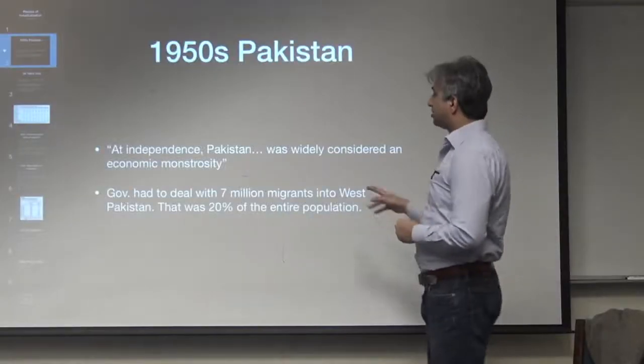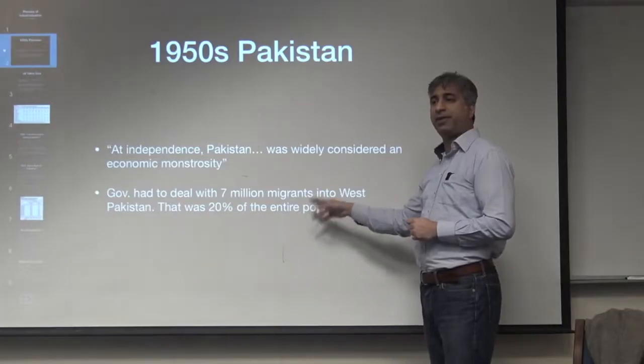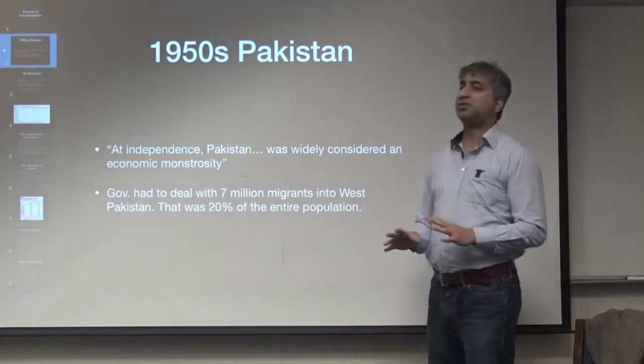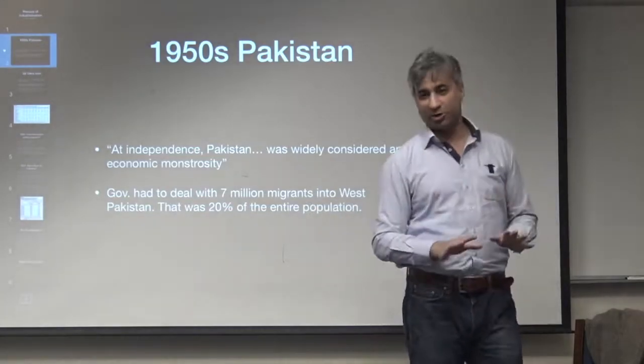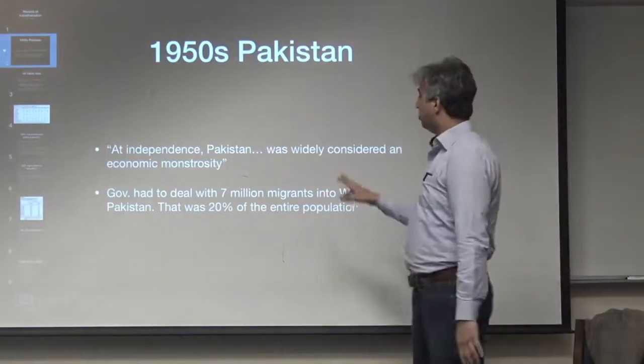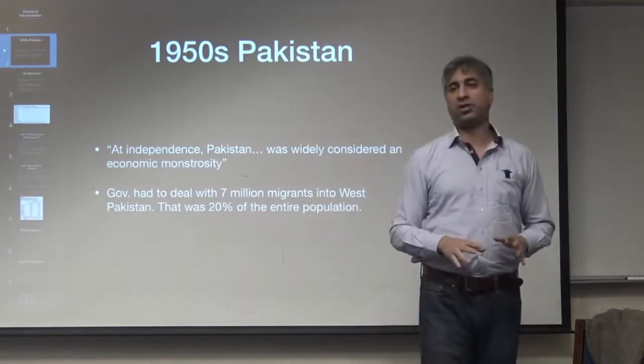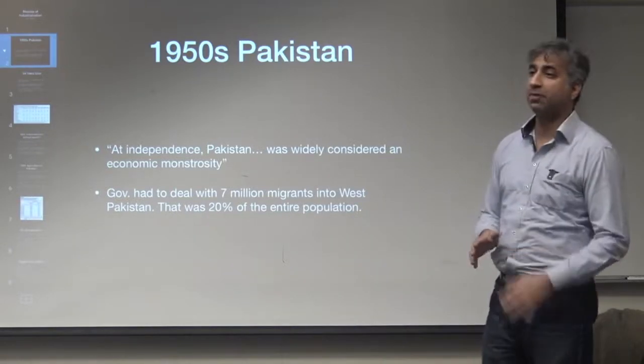The government of West Pakistan in particular had massive migration of about 7 million people. Some people put the statistic higher, some lower, but it is in millions. If we take the number as 7 million, then that's about 20% of the population of West Pakistan, a huge number.